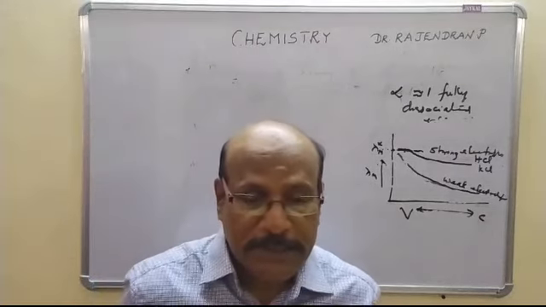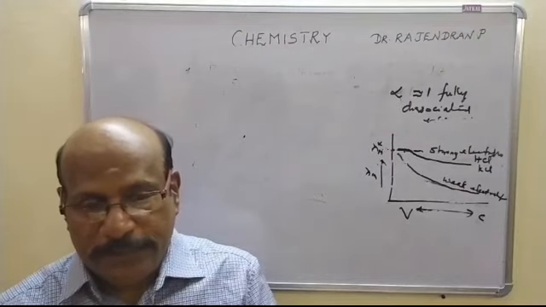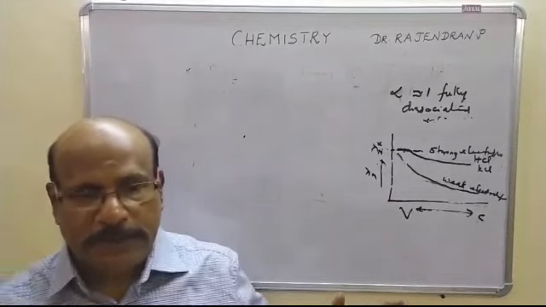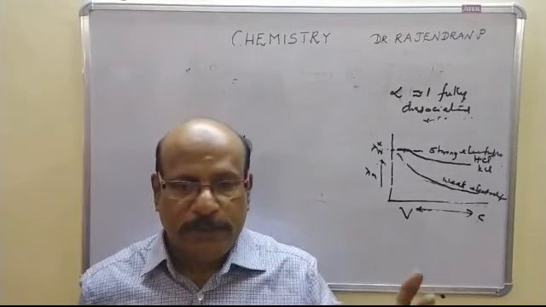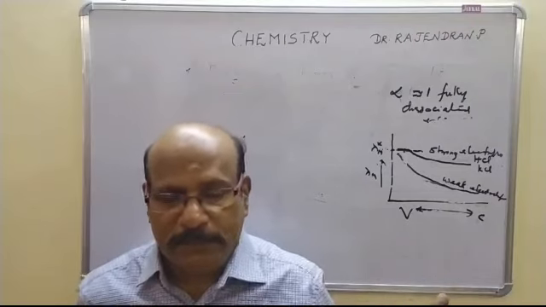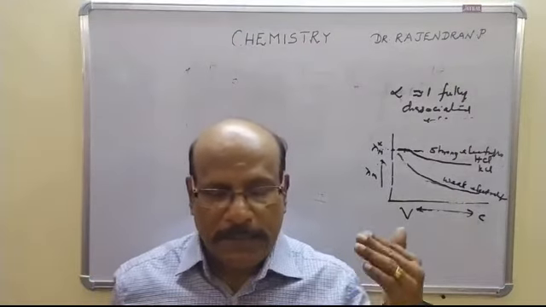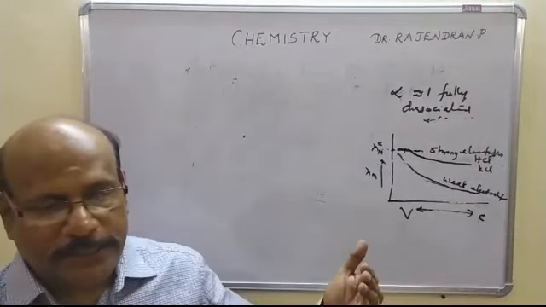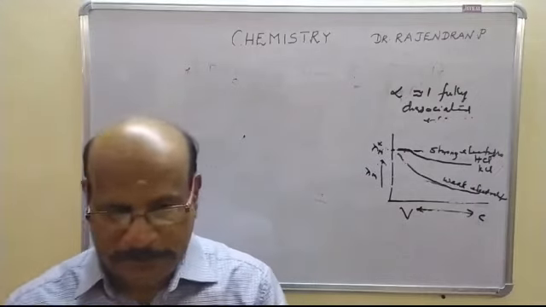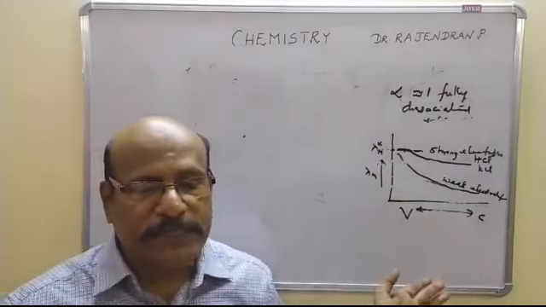So, as I have mentioned, in the case of a strong electrolyte, we can determine alpha as suggested by Arrhenius, as the degree of dissociation, by knowing lambda C by lambda infinity m. Lambda C can be measured conductometrically at a given concentration using a Kohlrausch bridge or meter bridge, and lambda infinity m can be determined graphically in the case of a strong electrolyte.